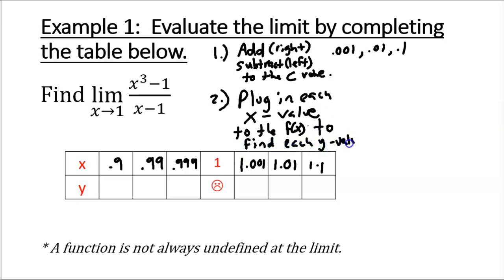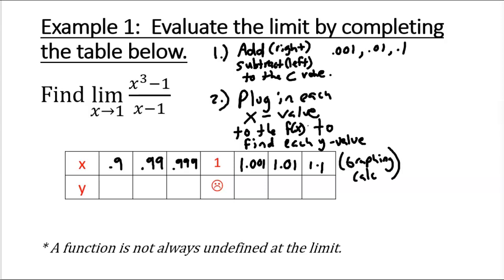Now for this step, we're going to use our graphing calculators to do this because it would be a horrible, tragic waste of time to sit here and plug in a number like 0.999 and then try to simplify that. And so we're not going to do that. It's a terrible waste of time. But the reason I want to do it, at least on the graphing calculator, is because I do want you guys to know how to use the graphing calculators in that way.